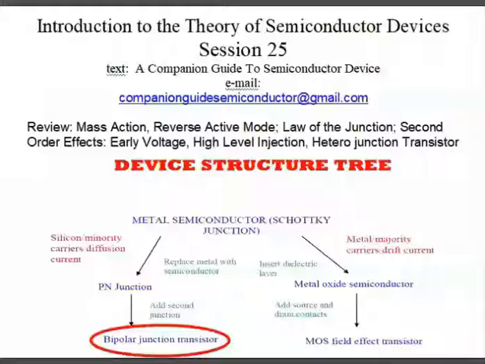So probably at least this session, next session, and maybe one more on the bipolar junction transistor before we move over to the metal oxide semiconductor field effect transistor side of the tree.